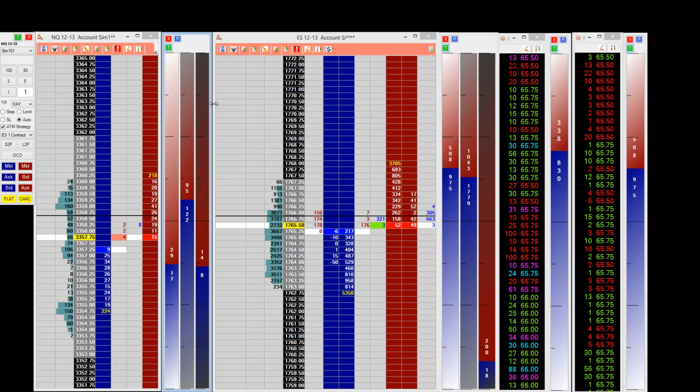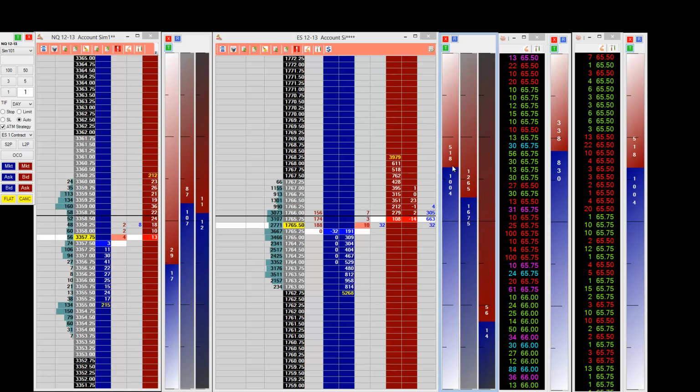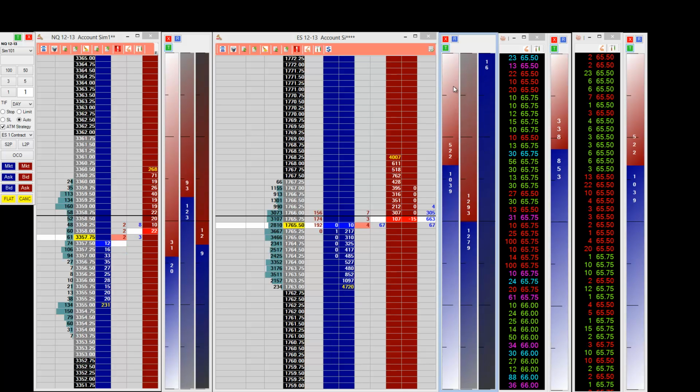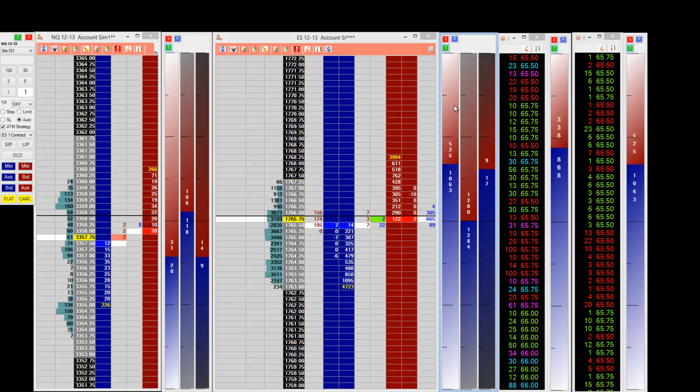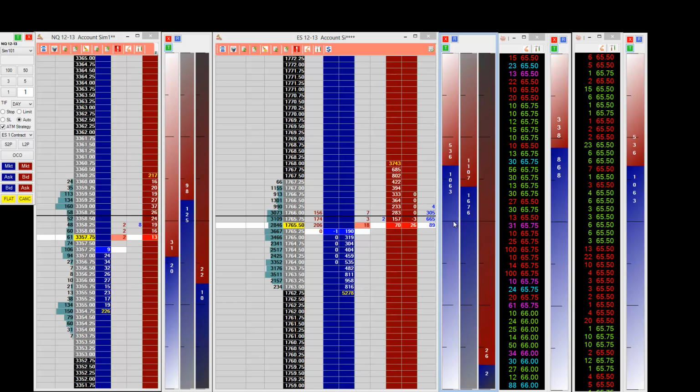So first of all, let's take a look at the ES, and let's take a look at what we're looking at here. We can see on the left side strength power meter, I've got 523 versus 1040, 1062 now. The red there, they're the market sell orders, and the blue ones are the market buy orders. I've got a line in the middle there that goes across. That represents 50%.